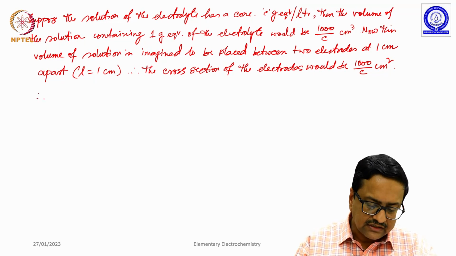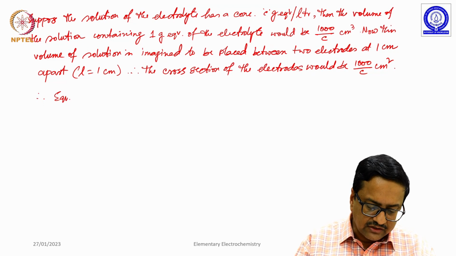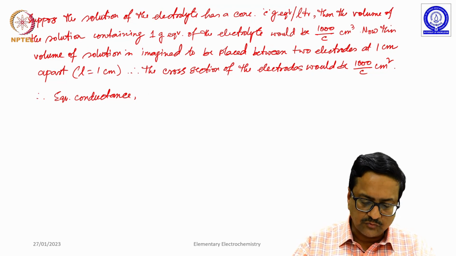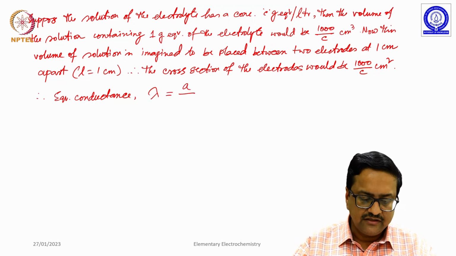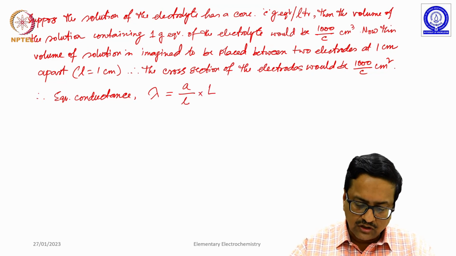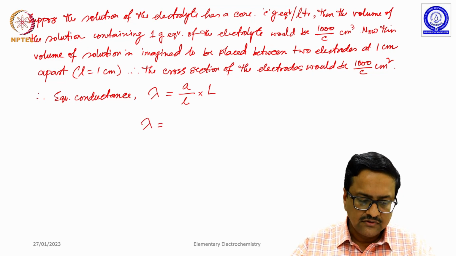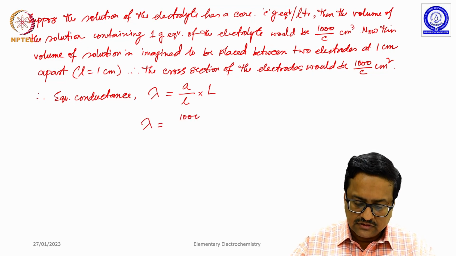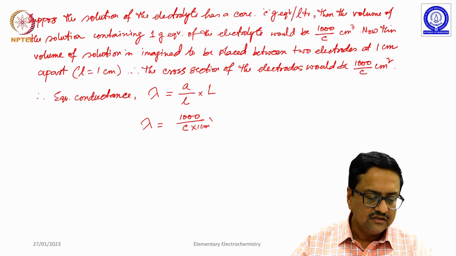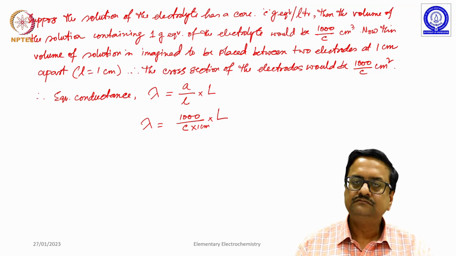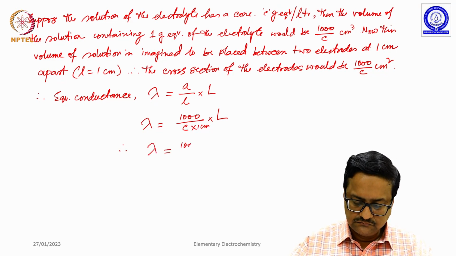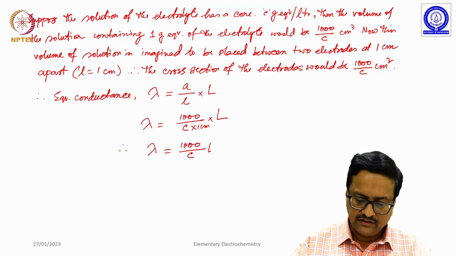Therefore, the equivalent conductance, small lambda, is equal to A by l into capital L, that is 1000 by C into capital L. Therefore, lambda is equal to 1000 L by C.